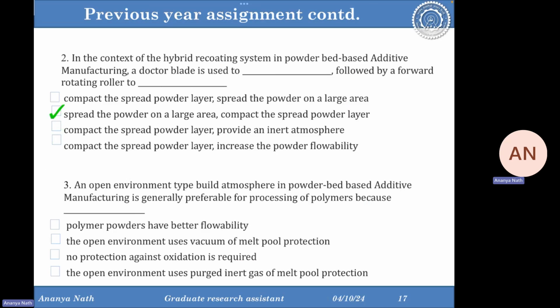Next, in the context of a hybrid recoating system in powder-based additive manufacturing, a doctor blade is used to spread the powder on a large area, followed by a forward rotating roller to compact the spread powder layer. An open environment type build atmosphere in powder based additive manufacturing is generally preferable for processing of polymers because no protection against oxidation is required.